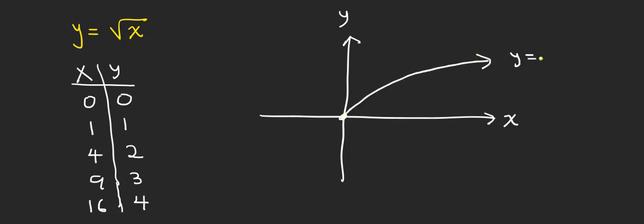That is a graph of y equals radical x. And notice there's no graph on the left side of 0 because when you plug in a negative x value inside the radical, the values do not exist.